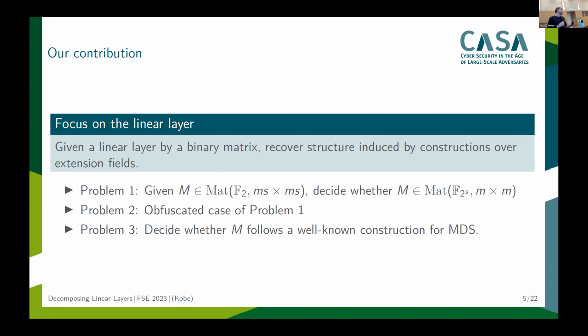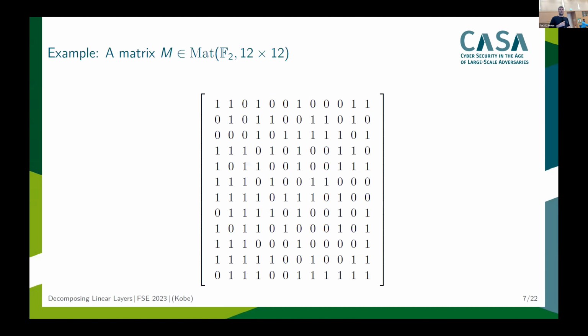If you then know that this is actually a matrix over an extension field, what kind of matrix is this? Does it follow some well-known construction, for example, for MDS matrices? In this talk, I'm mainly talking about this first problem. For the second and third one, I'm briefly motivating and giving the results, but no technical details.